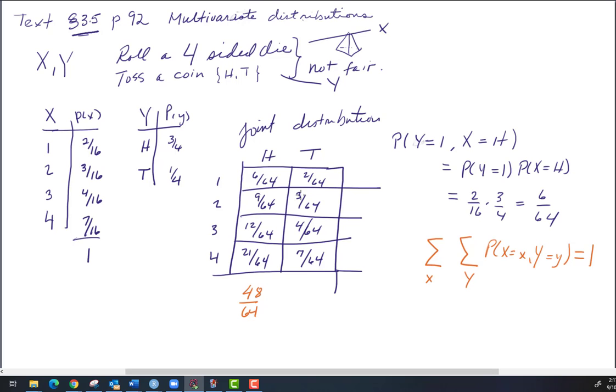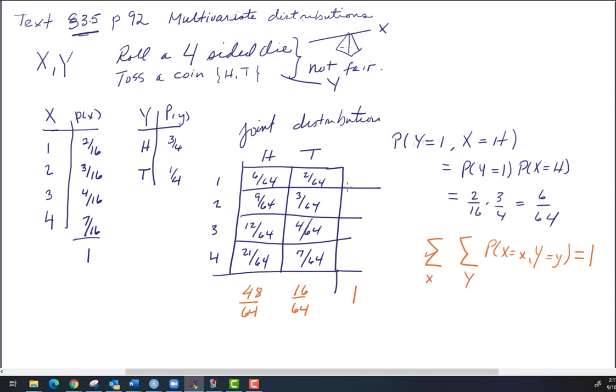And this side would be 2 and 3 would be 5, 9, 16/64. And if I add these two up, then I'm going to get 48 and 16 is 64/64. So they add to 1, and that's the sum of everything in the table. So it satisfies this condition.